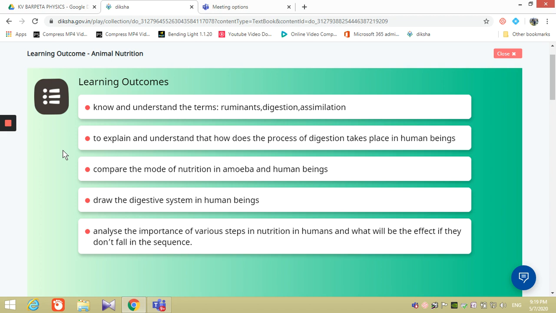Third, we will compare the mode of nutrition in amoeba and human beings. Next, we will develop the skill of drawing the digestive system in human beings. And fifth, we will learn to analyze the importance of various steps in nutrition in humans and what will be the effect if they do not fall in the sequence. So these are the learning outcomes for this particular chapter.